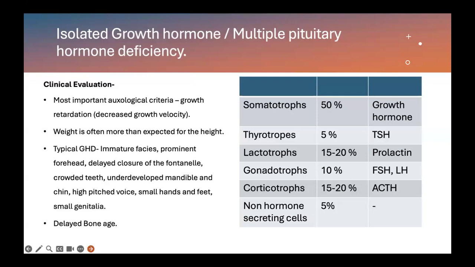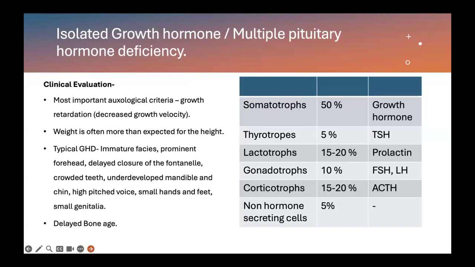So as I said, the most common one is growth hormone deficiency, and we should be aware of the clinical features we must look for in a child when faced with this particular scenario. So the most important clinical indicator is growth retardation, which can be very easily identified by serial plots of height on the growth chart, and the decreased growth velocity is very evident.